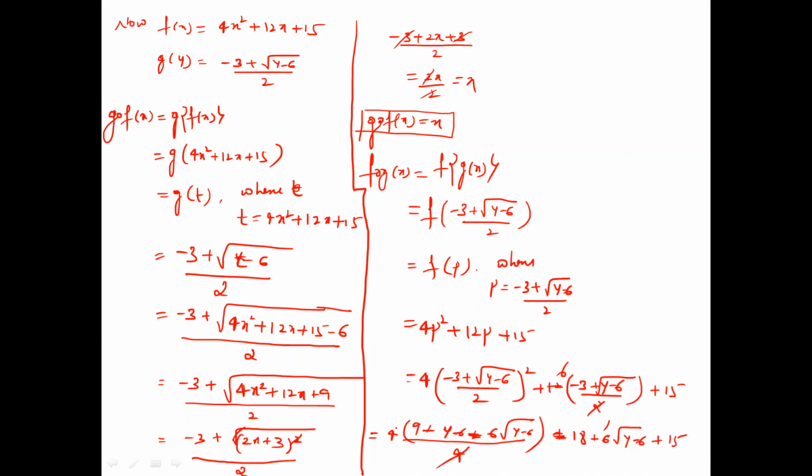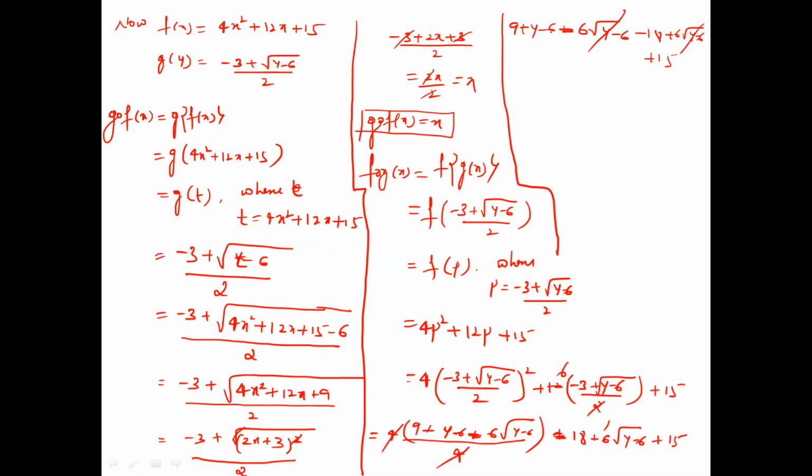Now here the 4 gets cancelled. What is remaining here? 9 plus y minus 6 minus 6 root of y minus 6, minus 18 plus 6 root of y minus 6, plus 15. Now this term gets cancelled.